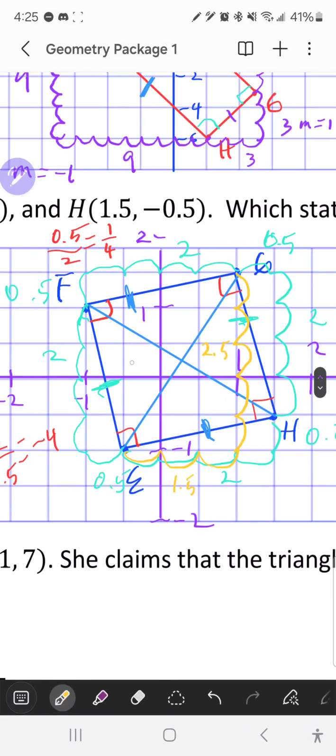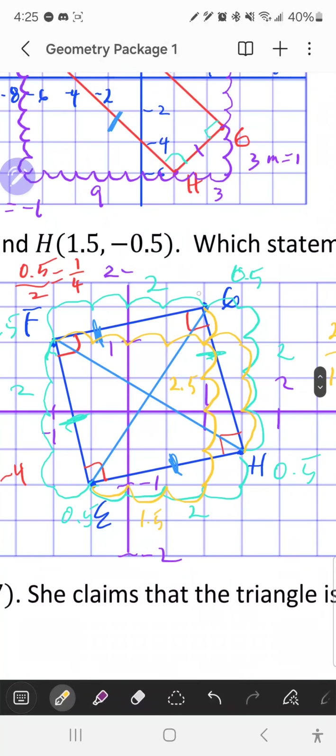Now in this case, this one is going to be 1, 2, 3, 4, 5. 1, 2, 3. So 5 over 0.5, 2.5, and this is going to be 1.5.